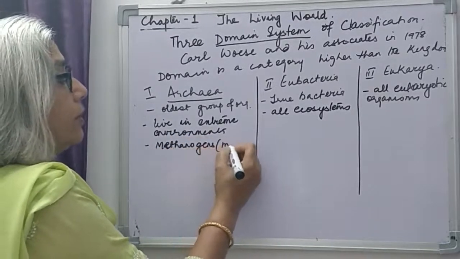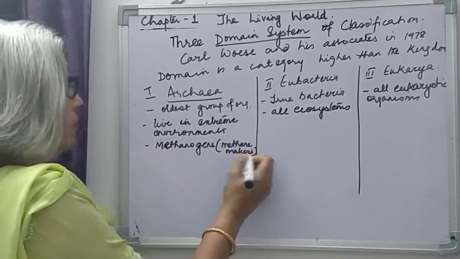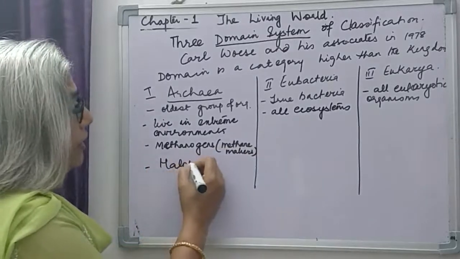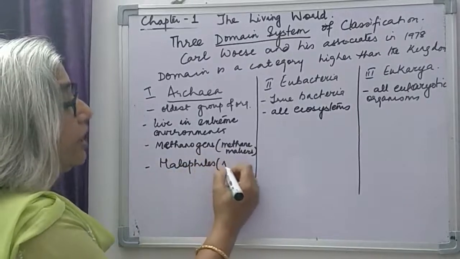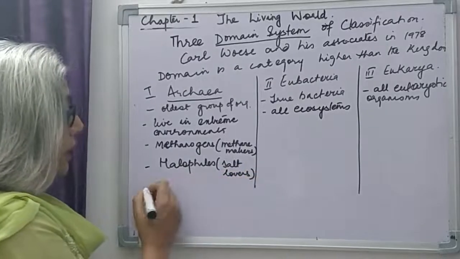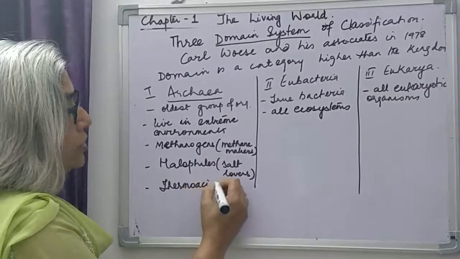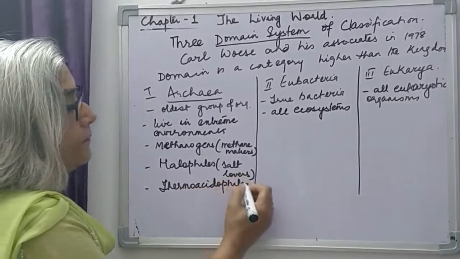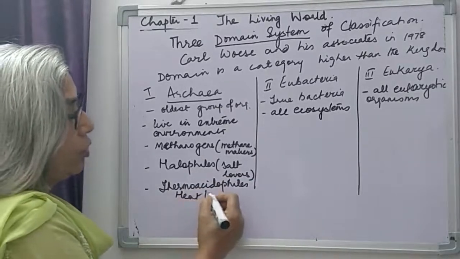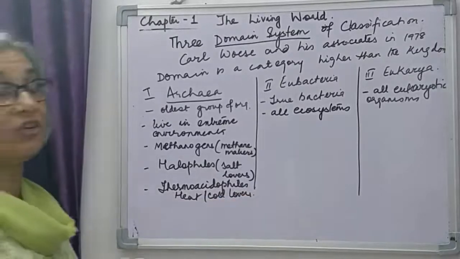Methanogens, that are methane makers, and second category of these are halophiles, that is, they live in high salt concentration places, they are salt lovers. And third category of these are thermoacidophiles, that is, they are heat and cold lovers, found in extreme temperature ranges.